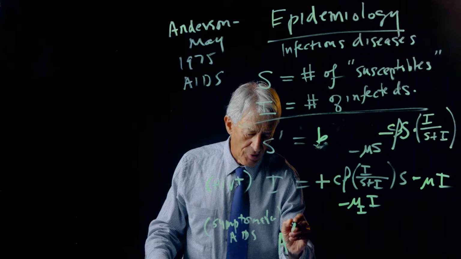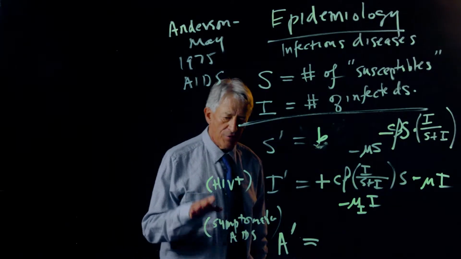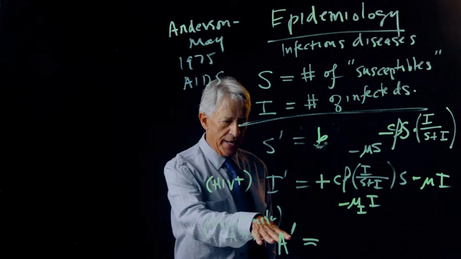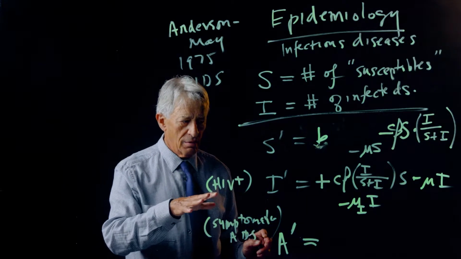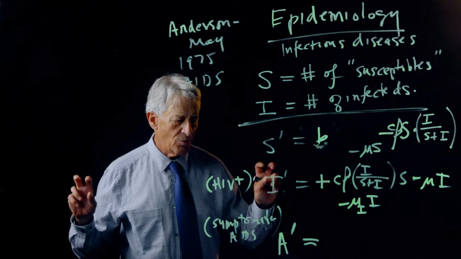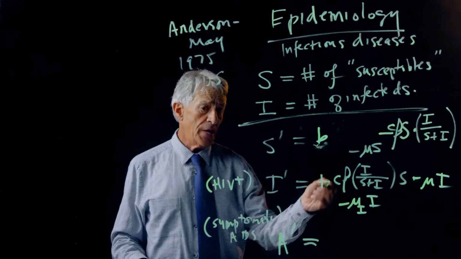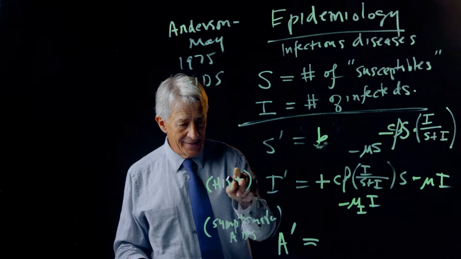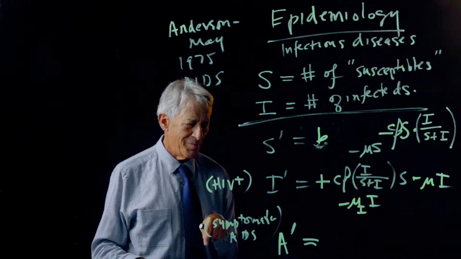And that A prime is going to have a positive contribution to A from people graduating, as it were, from I into A. That is the non-symptomatic but positive becoming symptomatic.